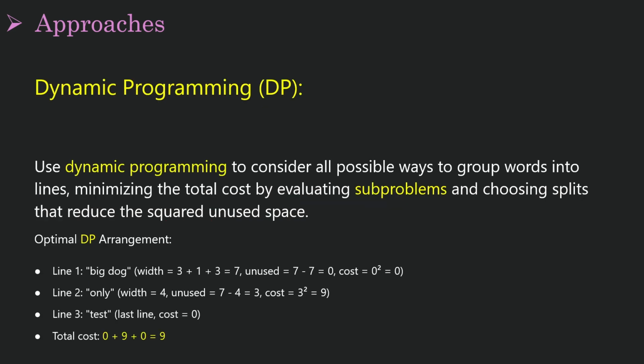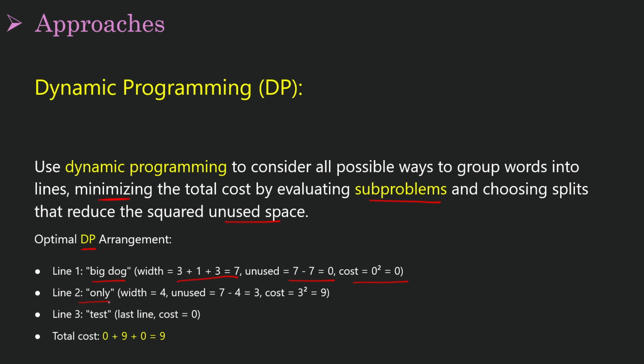Dynamic programming, optimal approach. Use dynamic programming to consider all possible ways to group words into lines, minimizing the total cost by evaluating subproblems and choosing splits that reduce the squared unused space. Optimal DP arrangement. Line 1, "big dog", width equals 3 plus 1 plus 3 equals 7, and unused equals 7 minus 7 equals 0, cost equals 0 squared equals 0.